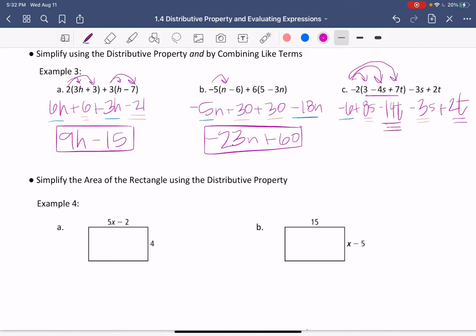And notice we have s and t, so we want to put that in alphabetical order. So we're going to start with s. We have 8s minus 3s. That's going to give us 5s. Then we have negative 14t plus 2t. That's going to give us negative 12t. And then we're left with negative 6.